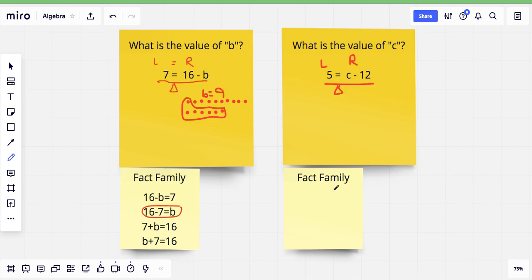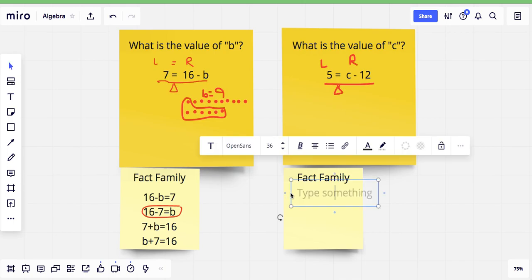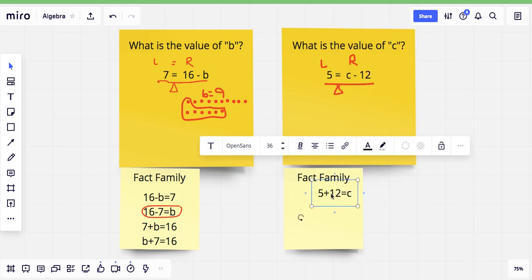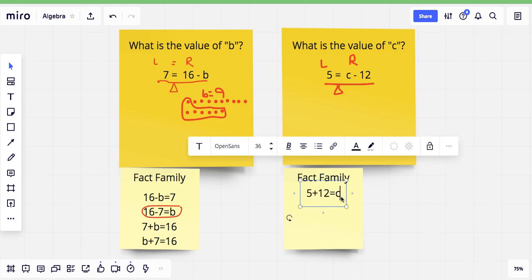So if it's my largest number, when I think about fact families, that means that 5 plus 12 must equal my largest number, which would be C. Again, I can use this idea of fact families to help me solve algebraic expressions.